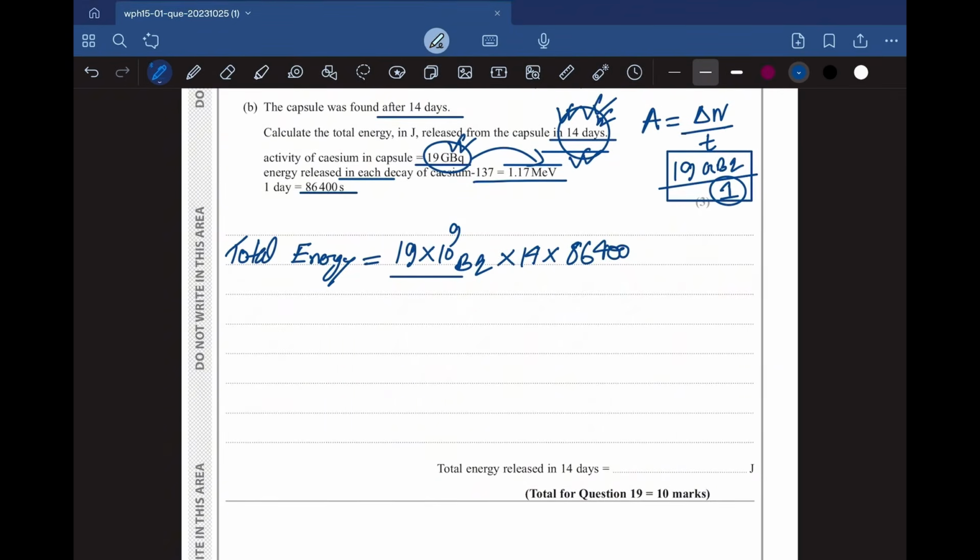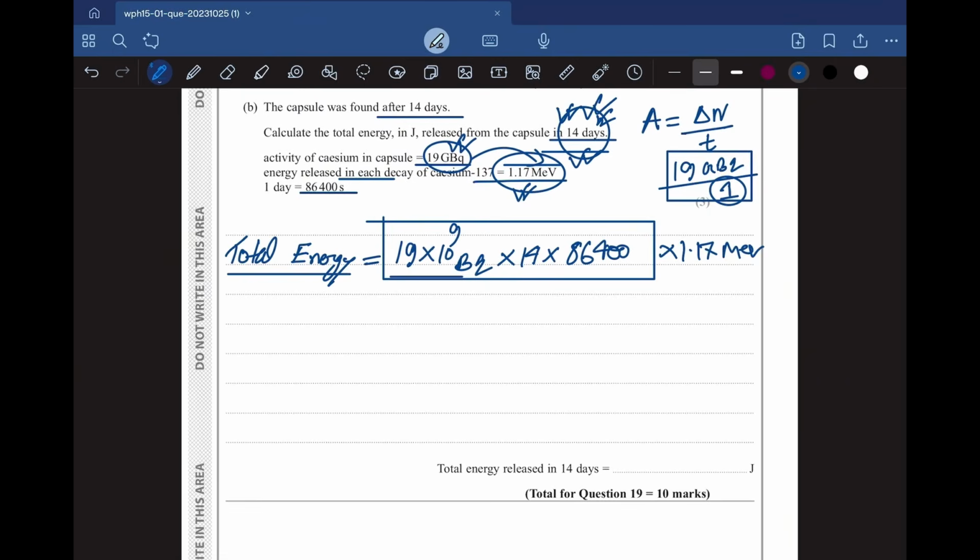Using this, we will get the value of how many atoms actually decayed in those 14 days. And the total energy released by this huge number of decays will be figured out by multiplying with 1.17 mega electron volt, because we know if one atom decays, it releases this much energy.